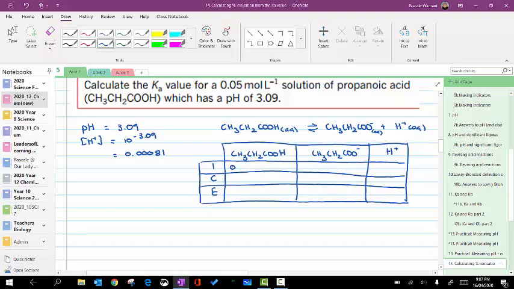Initially, the concentration of the acid was 0.05 moles per litre, and the concentration of the two ions is 0. In the process of reaching equilibrium, the concentration of the acid decreases by X, and the concentration of each of the ions increases by X.